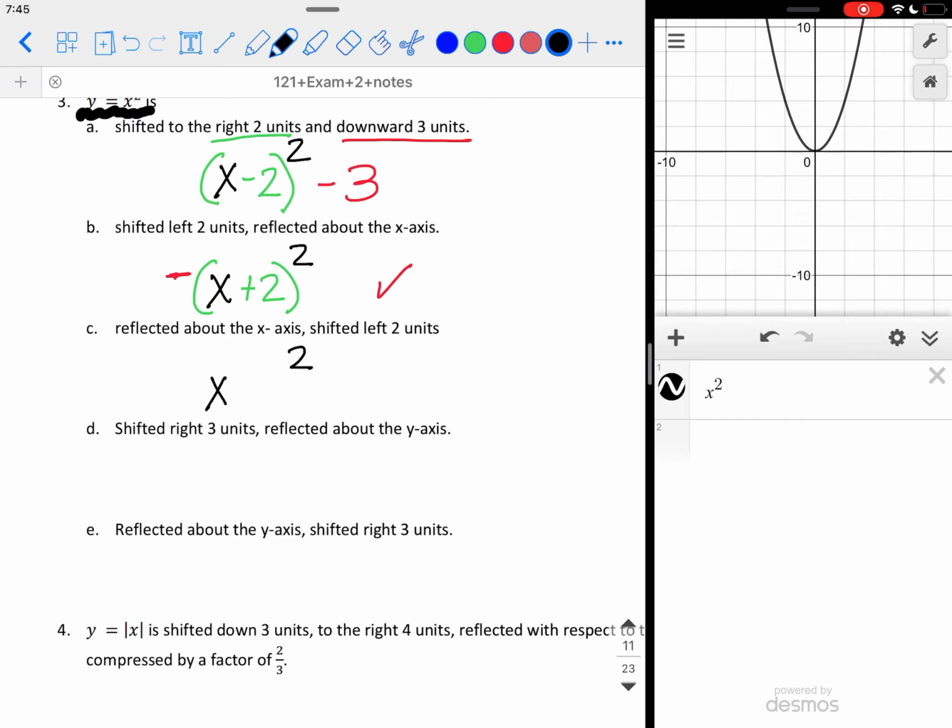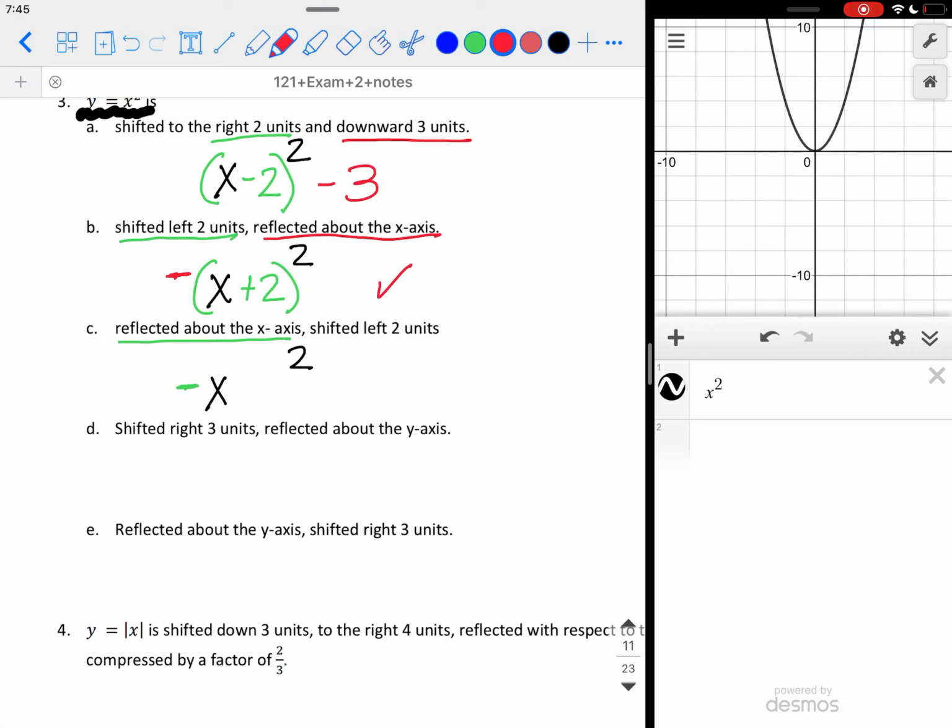And then we're going to reflect it about the x-axis. So let's see, we're going to put a negative on the outside. Sorry, I should have put this here. Reflected about the x-axis. I'm going to go back, sorry. This is red.